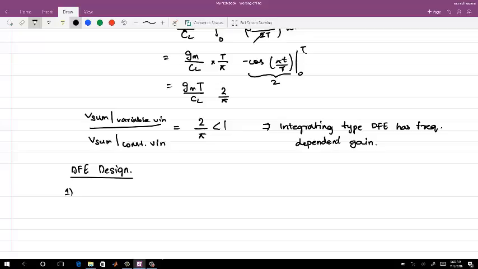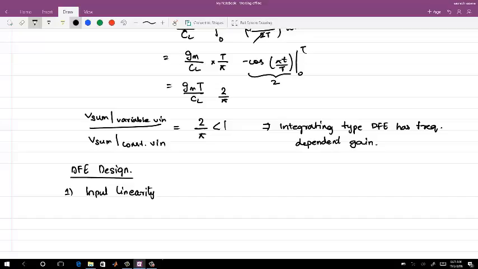So the input linearity you need to maintain with resistive degeneration or whatever, like burning more power. That's input linearity is a parameter here for DFE design.